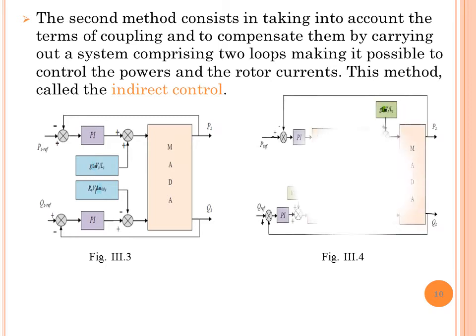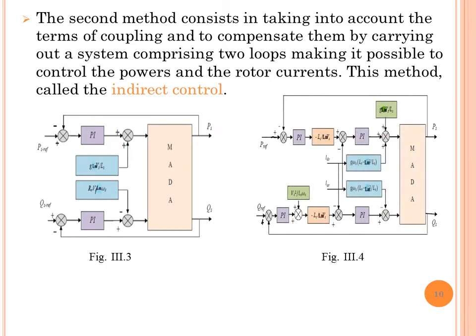The second method consists in taking into account the coupling terms and compensating them by carrying out a system comprising two loops, making it possible to control the power and the rotor current. This method is called indirect control. Figure 3 shows the block diagram of the direct vector control and Figure 4 the block diagram of the indirect vector control.